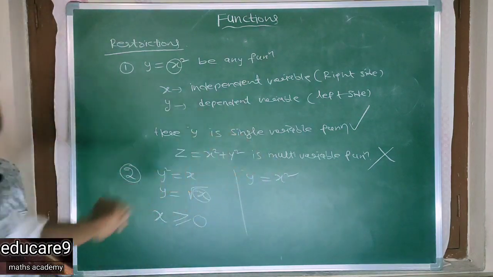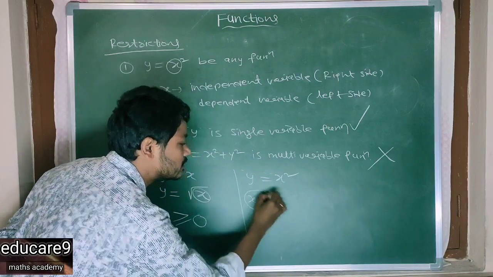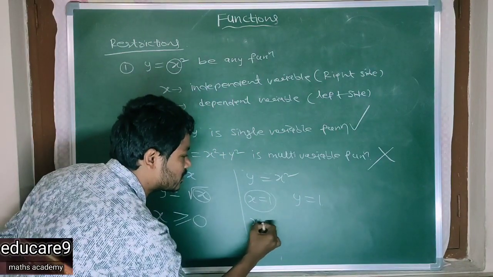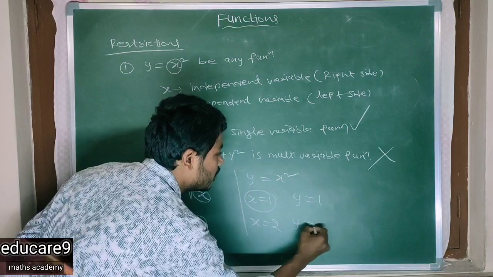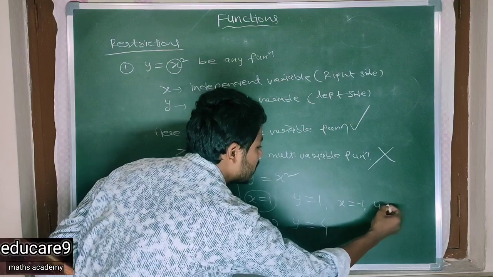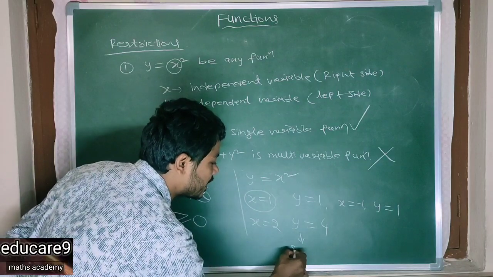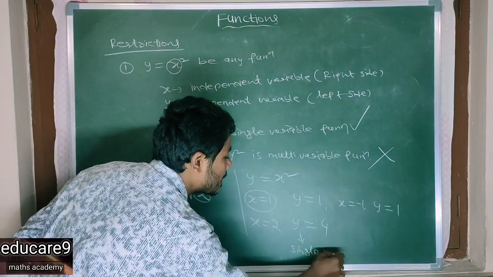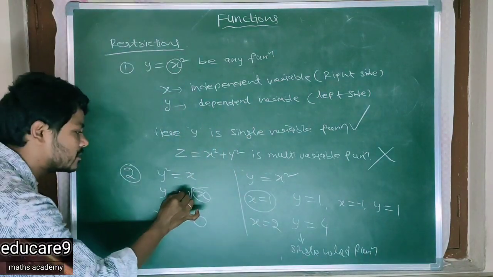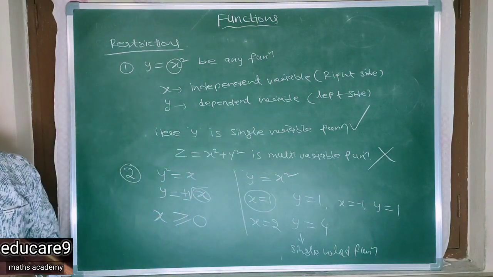And y is equal to x square. If x is equal to 1, what is the y value? 1. If x is equal to 2, what is the y value? 4. If x is equal to minus 1, what is the y value? 1. So really this is a single valued function. So here y can be written as plus or minus root x also. Here you have to write x is always greater than or equal to 0.